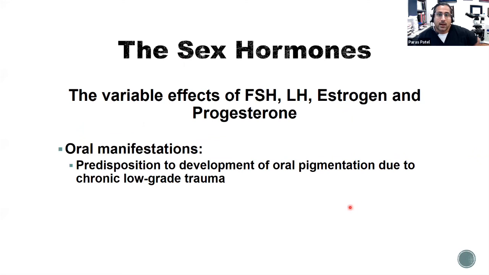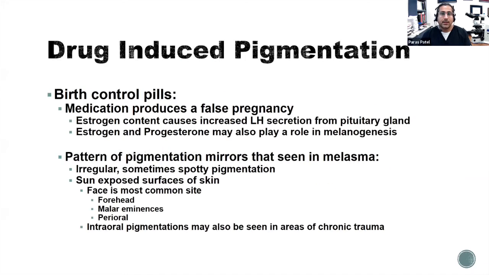Sex hormones, particularly FSH, LH, estrogen, and progesterone, also stimulate melanocytes in different and varying mechanisms. And in the oral cavity, you can see these in areas where we have some chronic low-grade trauma, like the buccal mucosa, the tongue maybe, as well as other sites. Drug-induced pigmentation, one of the ones I'm going to talk about again is the same pattern here. It's through birth control pills, right?